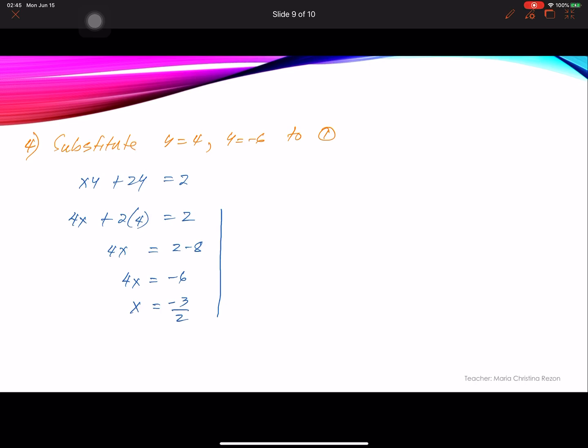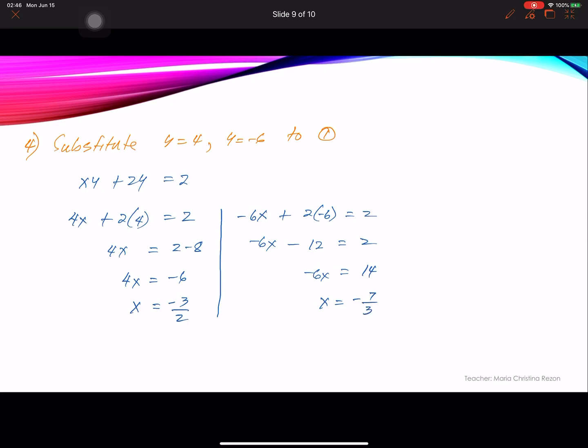And then if y is negative 6, so you will have negative 6x plus 2 times negative 6 is equal to 2. So you will have negative 6x minus 12 is equal to 2. So negative 6x is equal to 14. So that x is equal to negative 7 over 3.